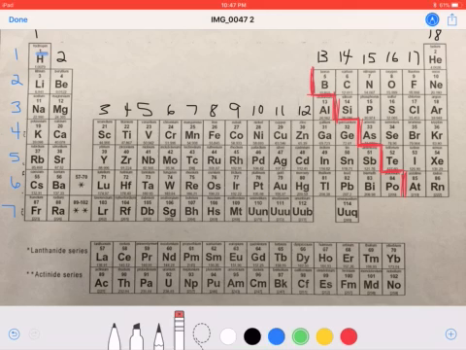If we're continuing to look at trends really quickly, reactivity you guys looked at with your reactivity lab. Again, if you're comparing that with the zigzag line dividing your metals and nonmetals, as you move further and further away from that zigzag line, you are more and more reactive for your metals and your nonmetals.